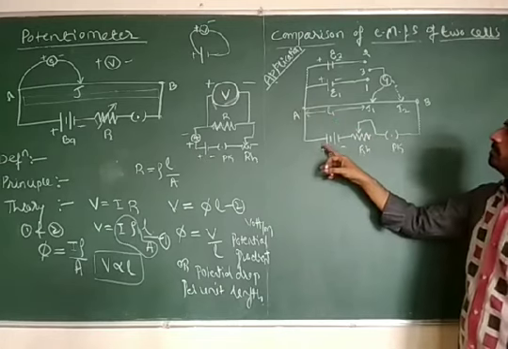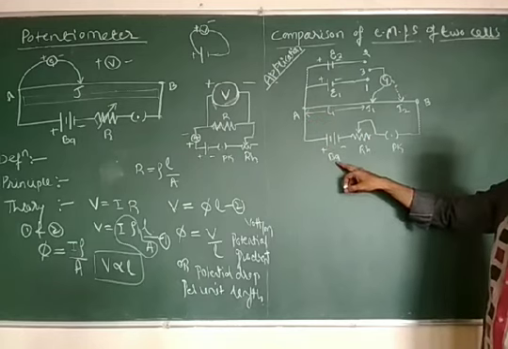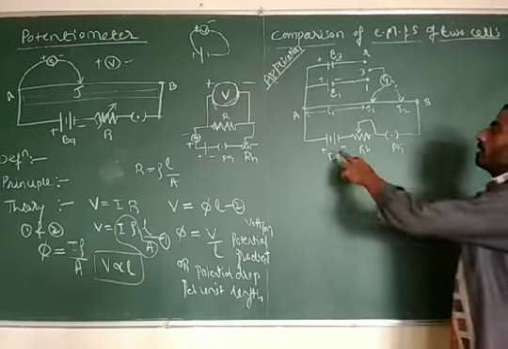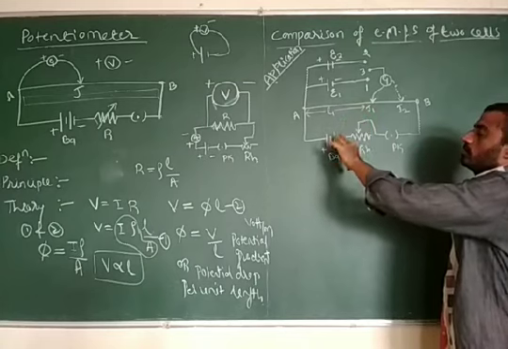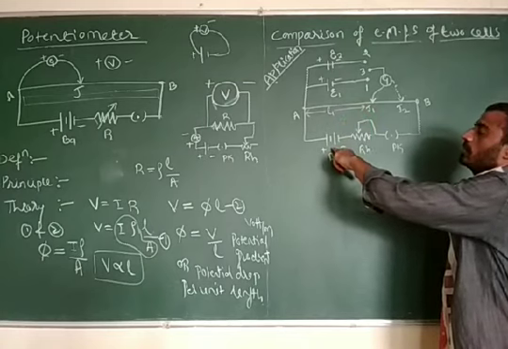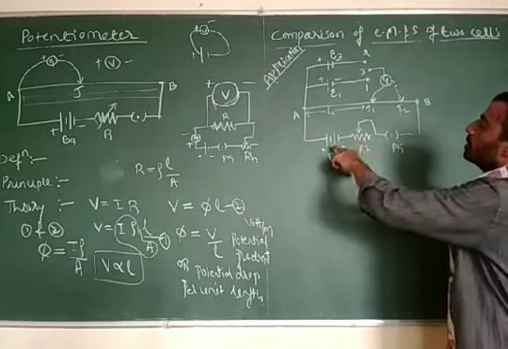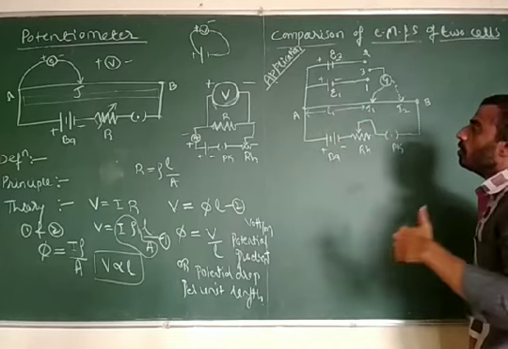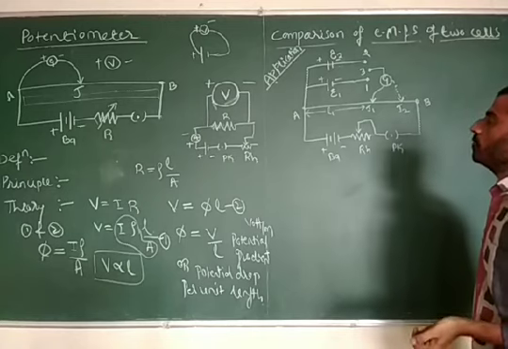At the same time, A is also connected to the positive of the source or standard cell, which is called the driving cell. This cell is used to operate the device. It sends some constant current through the potentiometer so that it can help us in measuring the EMF or potential difference.